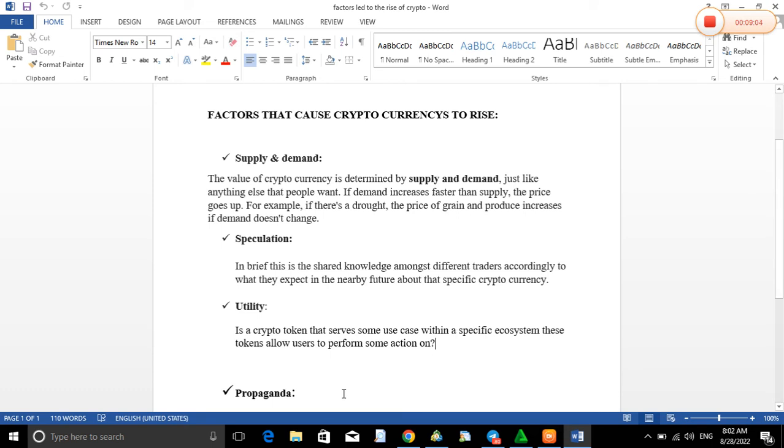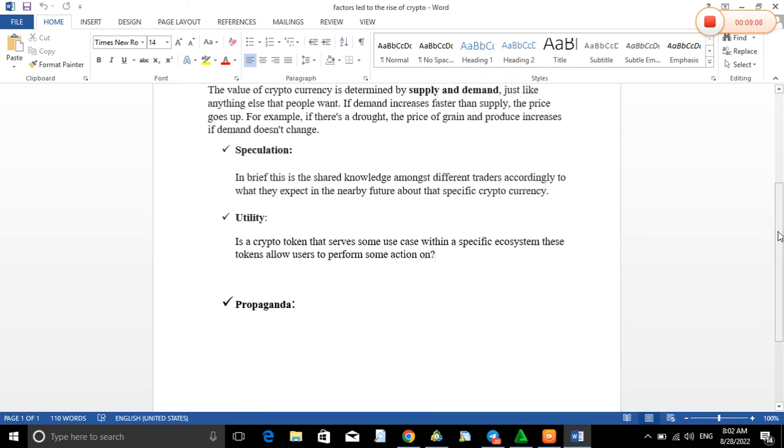Another factor is propaganda. Now propaganda comes from major figures in the world. It can be a president, it can be a well-known investor, all these factors. Now I'm going to bring one person who is well known by people in the whole world, which is Elon Musk.